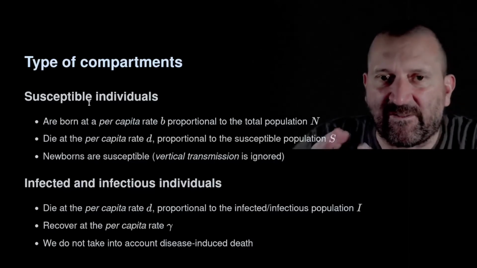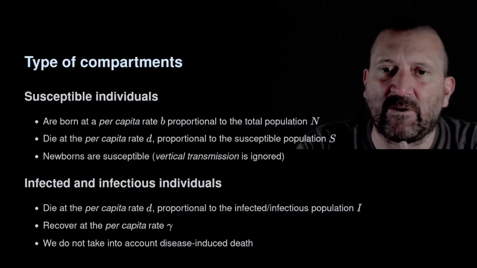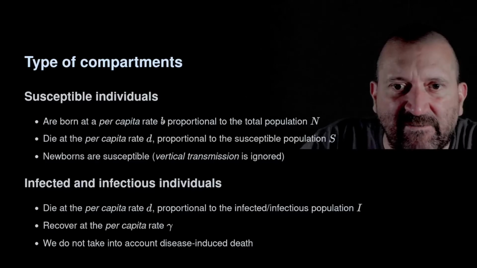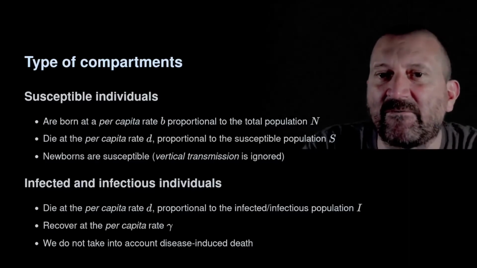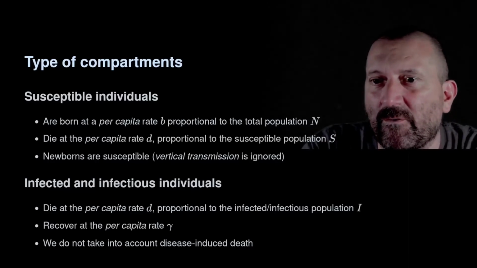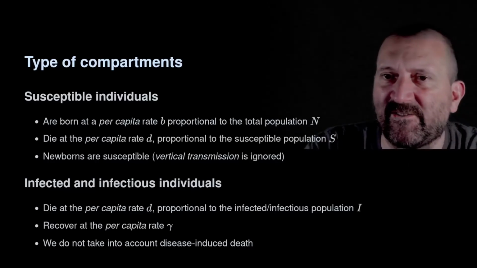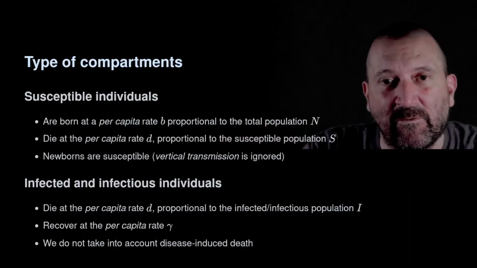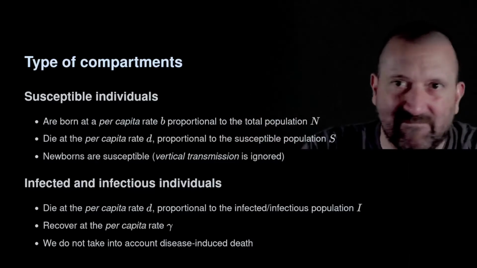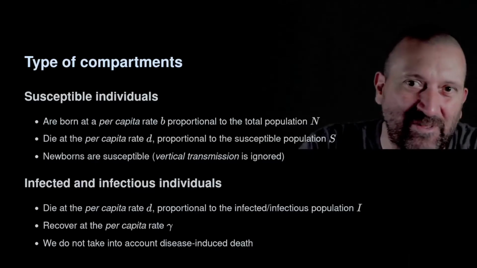I assume that susceptible individuals are born, I should have changed this, this is D, sorry, at the per capita rate D, proportional to the total population. So how much birth happens depends on how many people there are, because if you think about it, it makes a lot of sense.